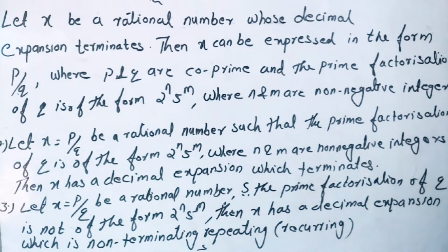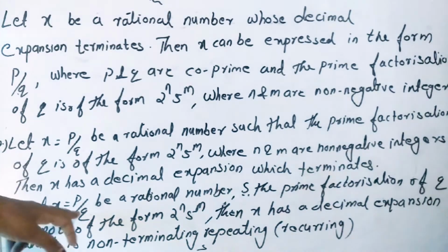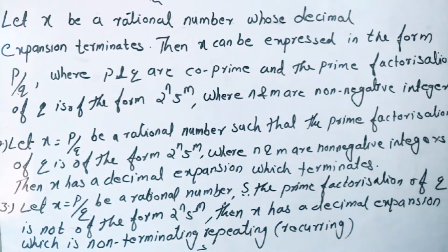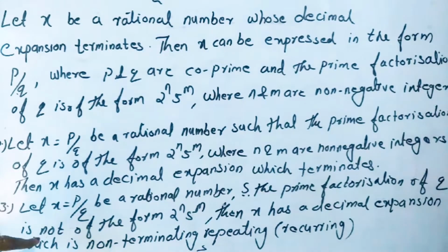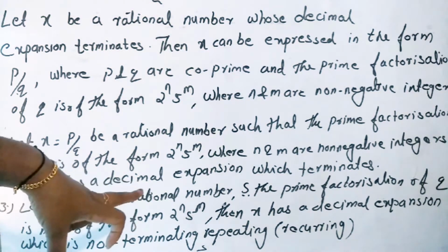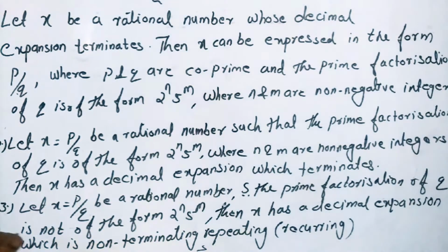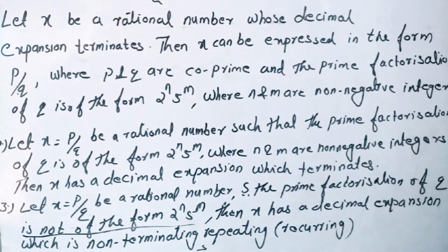Now the third theorem says: let X equal to p by q be a rational number. Here also our X is a rational number, so we can find a p by q representation corresponding to X, such that the prime factorization of q is not of the form 2 raised to n into 5 raised to m.